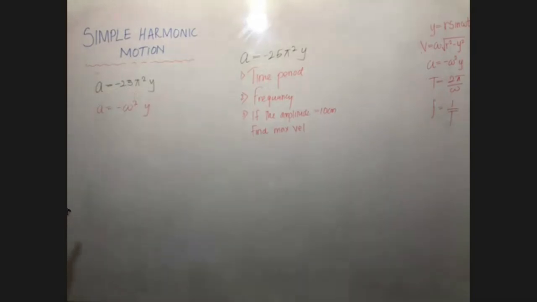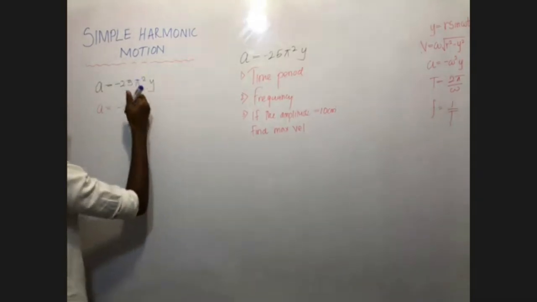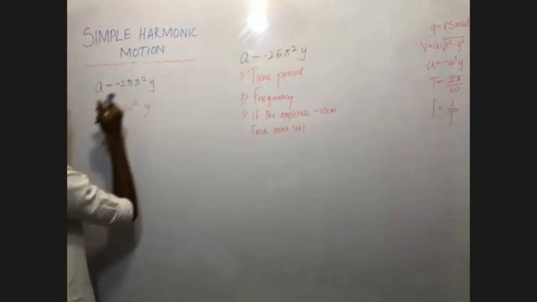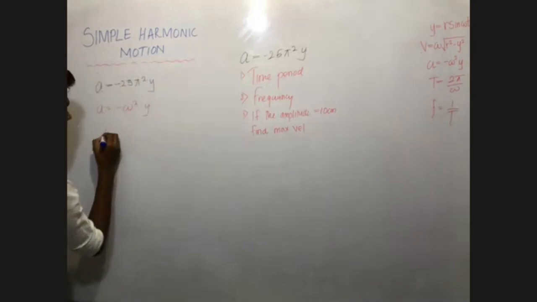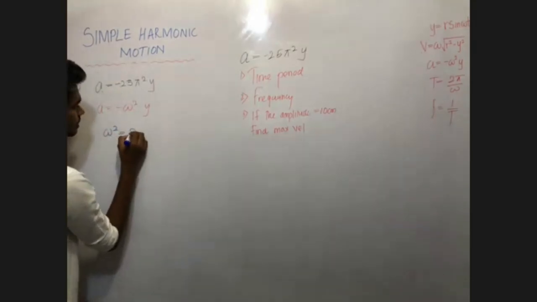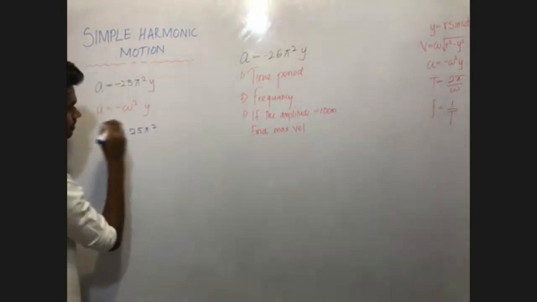Which means when you compare this, omega squared should be 25 pi squared.